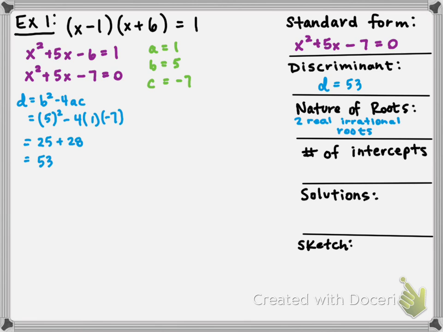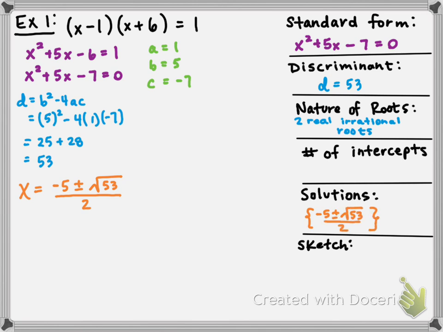So I'm going to skip the number of intercepts, move to solutions real quick, and let's find those. For solutions, I do x equals my quadratic formula, negative b plus or minus the square root of my discriminant, so 53, all divided by 2 times 1, which is 2. So I could claim that my solution, in set notation, is negative 5 plus or minus the square root of 53, all divided by 2.